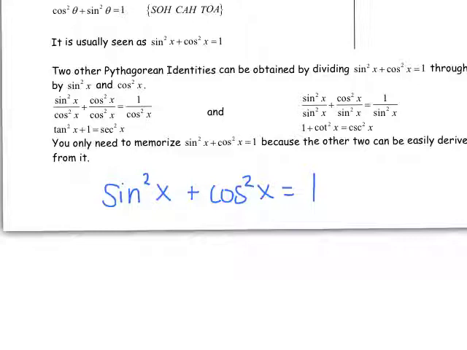Tangent is sine over cosine. So I see my sine here, and if I divide by cosine, I would create a tangent. So as long as you do something on every single piece, over cosine squared, and we have to do it on every single piece. That's what makes it fair.